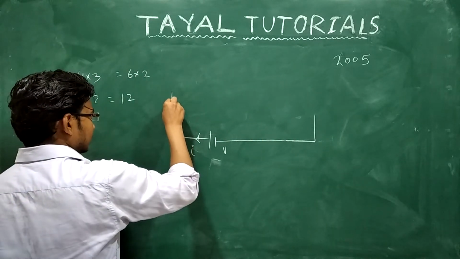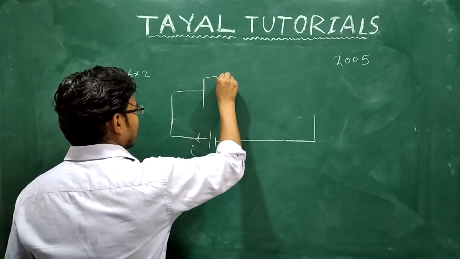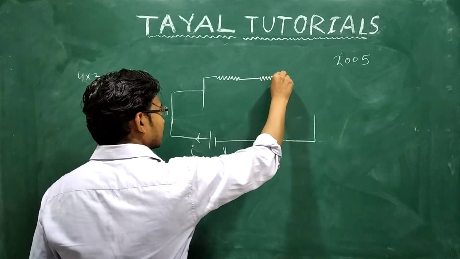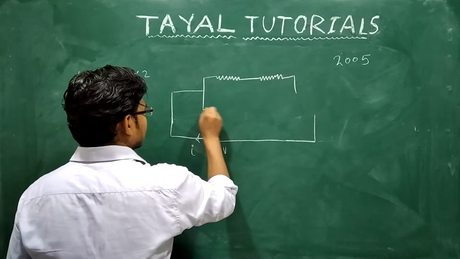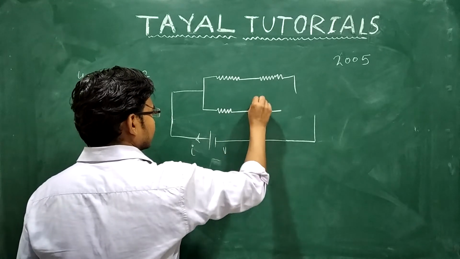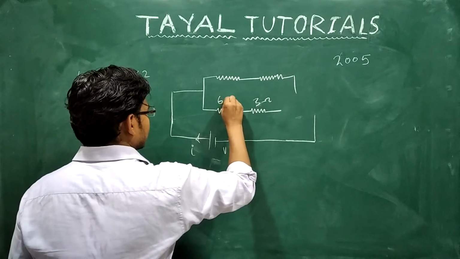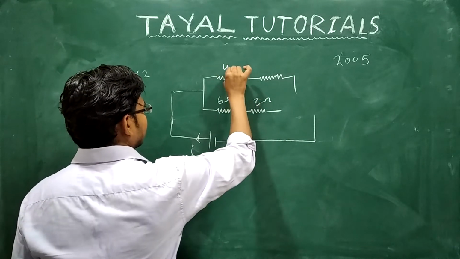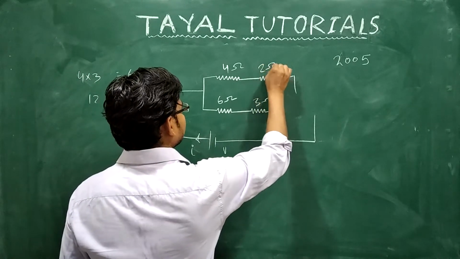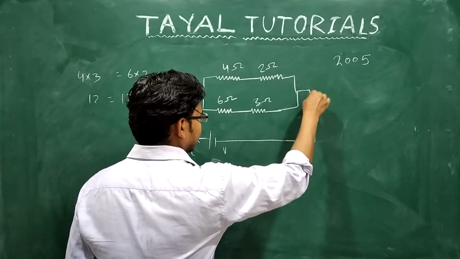This is your 4 ohm, this is your 2 ohm, this is your 6 ohm, this is your 3 ohm. This is 3 ohm, this is 6 ohm, this is 4 ohm, and this is your 2 ohm. And this is how it is connected.